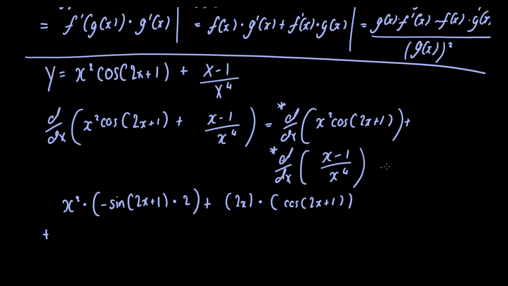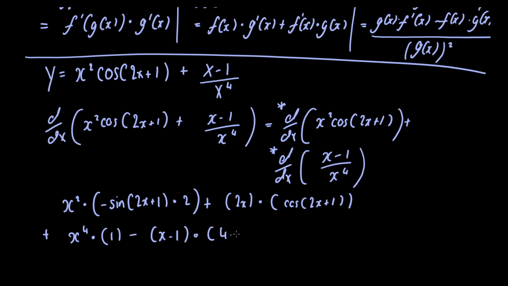Now we can go ahead and use the quotient rule to find the derivative of this part here. We're going to just follow this rule up here, this one. So we're going to have g of x equal to x to the fourth power, and that's going to be multiplied by the derivative of f of x, which is just x minus 1, so the derivative of that with respect to x is just 1, minus f of x, x minus 1, multiplied by the derivative of g of x, which we can find using the power rule.